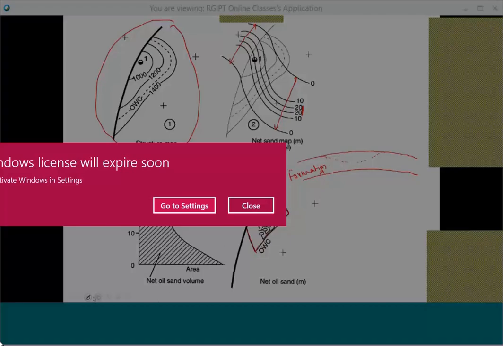Maybe I should use some different color. So let's say there is only a channel fill sand that is productive. Other parts here are shales. So let's say in this formation, here it's shale, and here you have sand. Now, how to map this sand? How to get the volume of this?